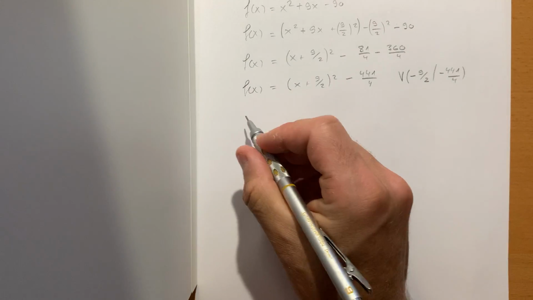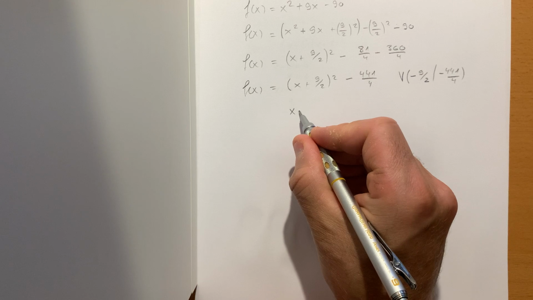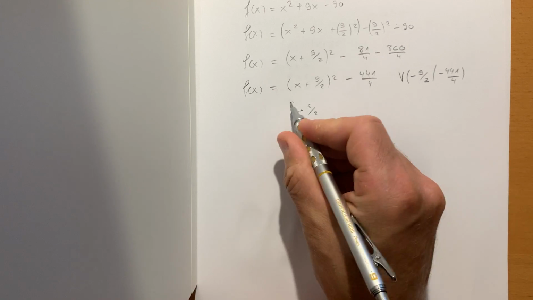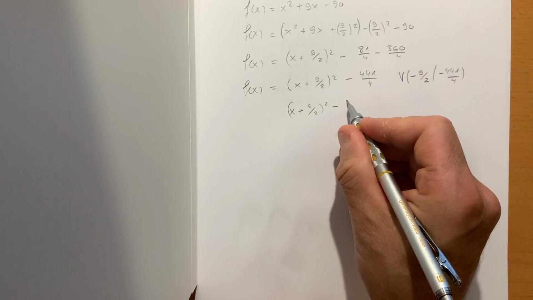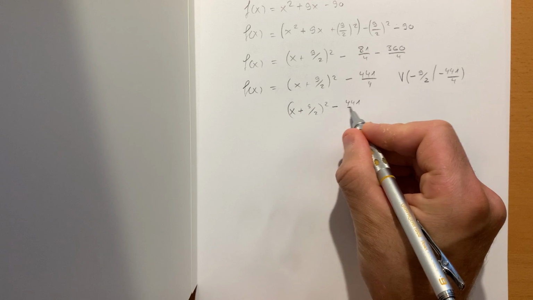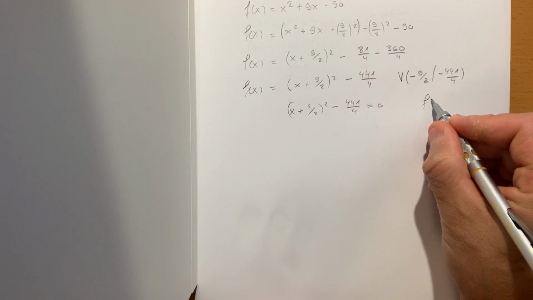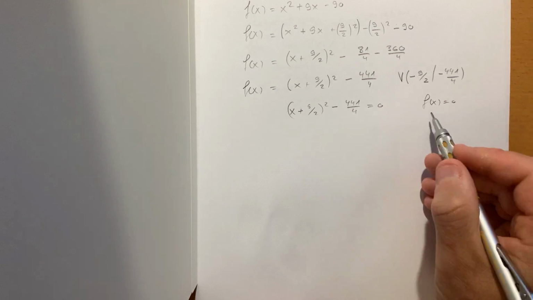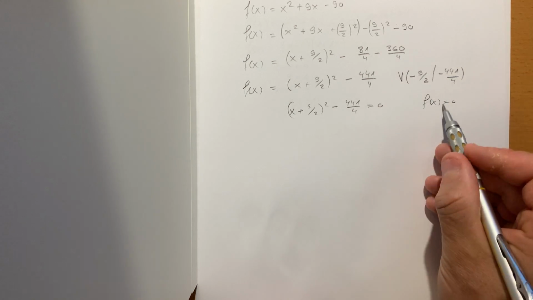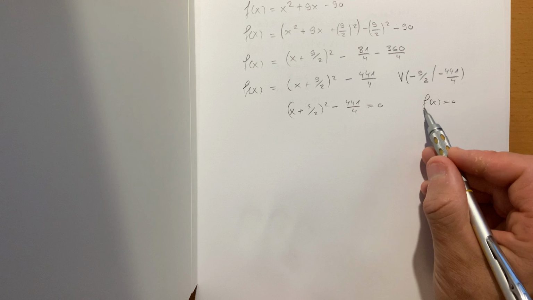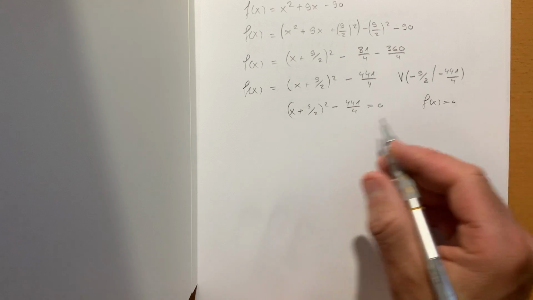Then for the zeros, you would set this equal to 0. Well, that's in fact f of x equal to 0. So you're asking for which x the f of x value, the y value, is 0.